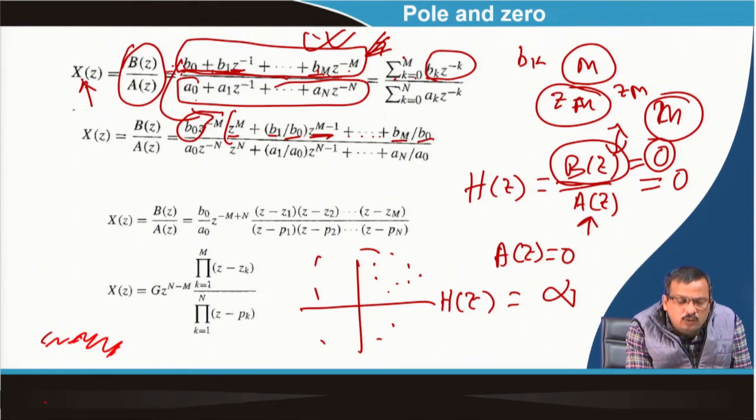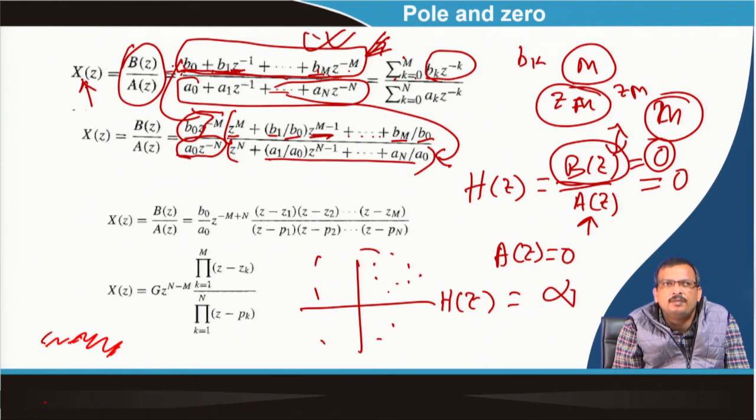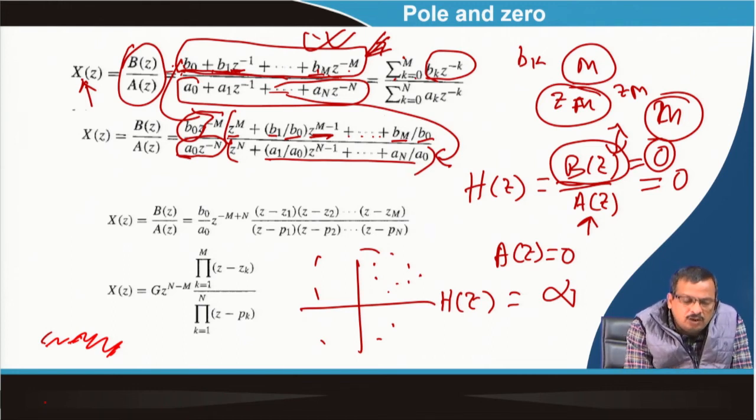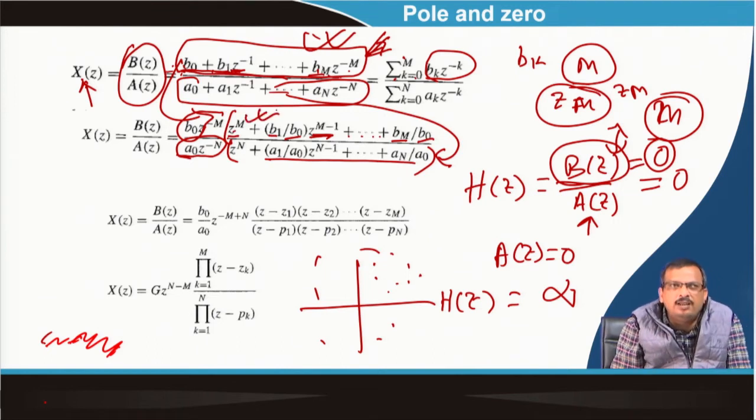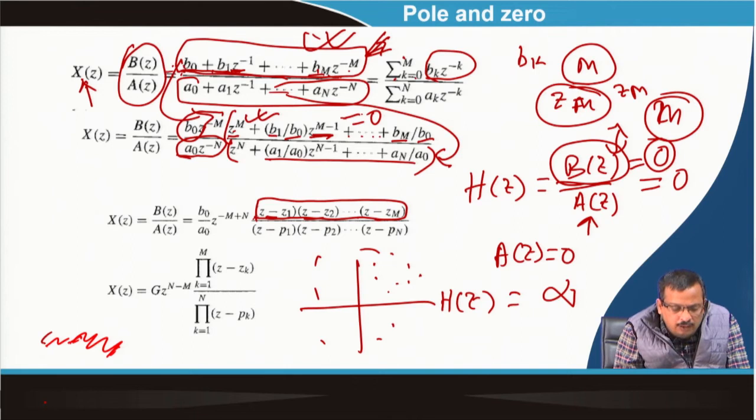Similarly, for the denominator, I can take a0 z to the power n outside and get z to the power n plus the rest. Now, this is an mth order equation, so m number of solutions are possible, z minus z1, z minus z2, up to z minus zm, for which this value becomes 0. Those values z1 to zm are called the zero positions.